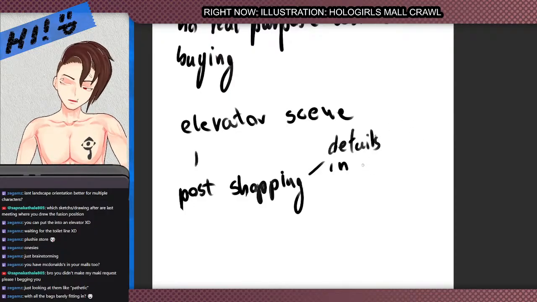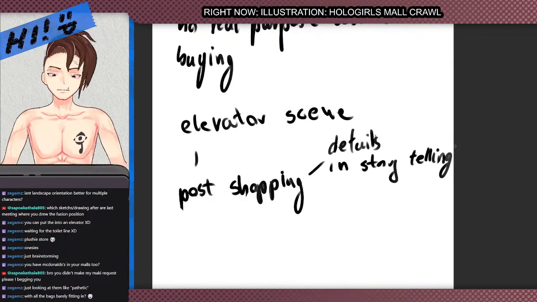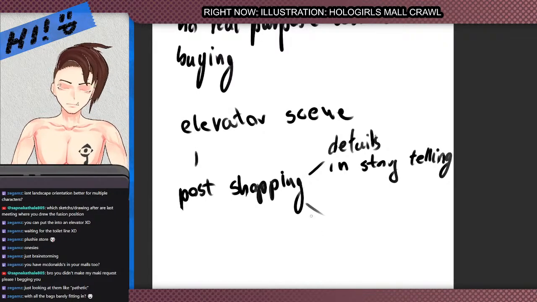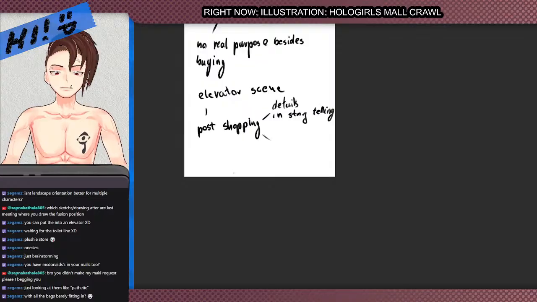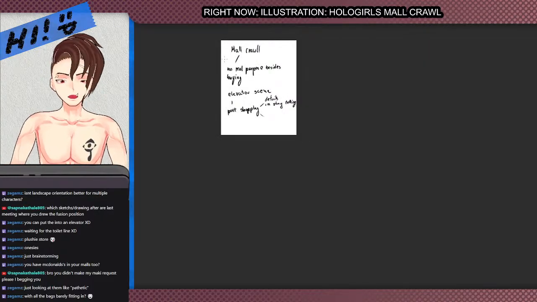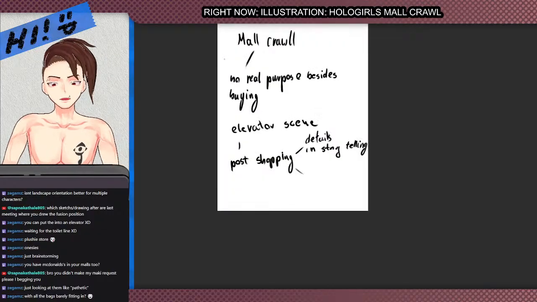Details in storytelling. Basically, in the elevator we are going to give the viewer the possibility to see who bought what.